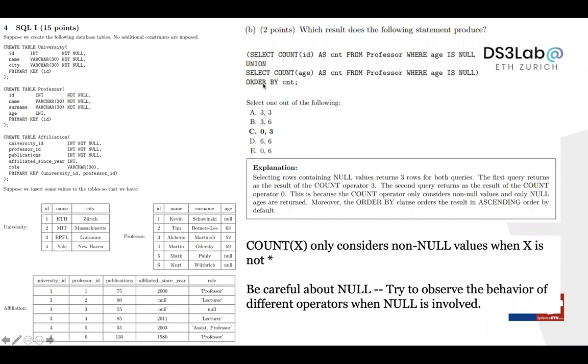The first query is going to give you 3. For the second query, after this where, you will have 3 tuples: 1, 5, and 6. Then you count the age, and age is all null. When you do count x, and x is not a star, count will ignore the null.